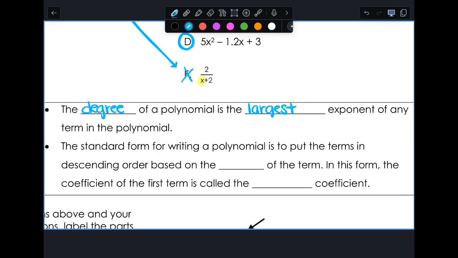Now, to write this in standard form, you will have to write your terms in descending order based on the degree of the term. Meaning you would write it as x to the fourth, then x cubed, then x squared, then x, and so forth. In this form, the coefficient of the first term is called the leading coefficient.